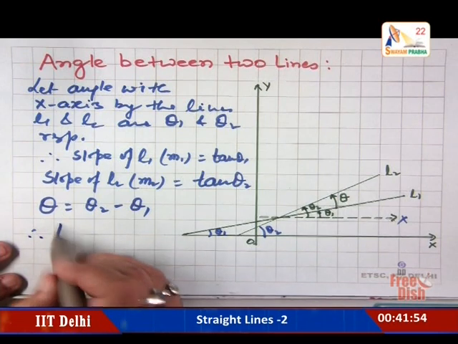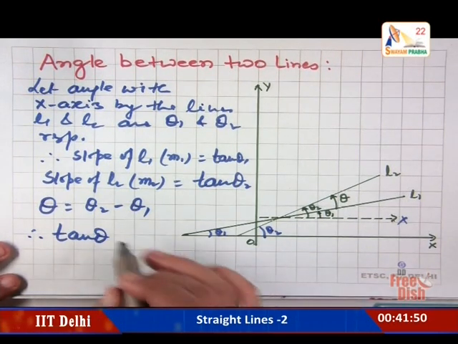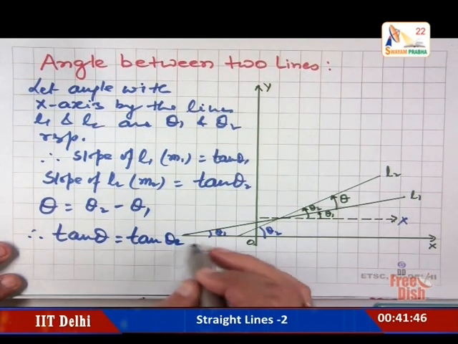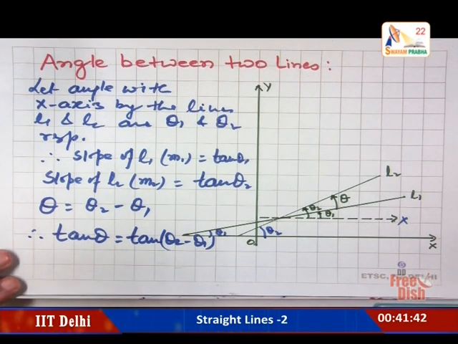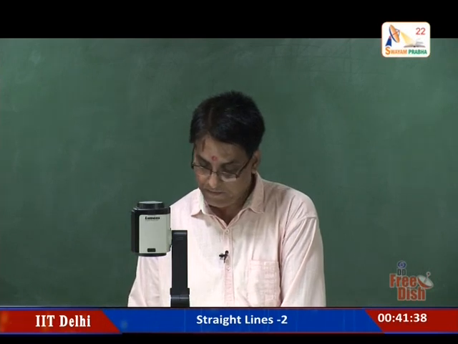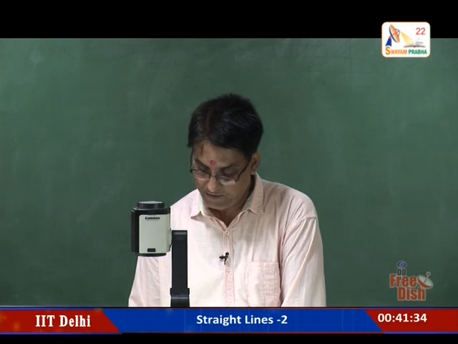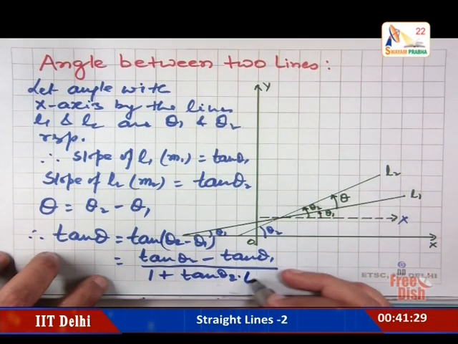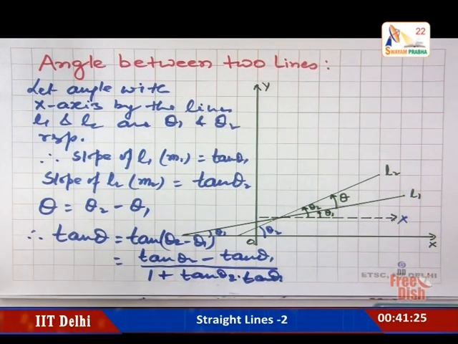So tan theta is equal to tan of (theta 2 minus theta 1). By trigonometry, this is tan theta 2 minus tan theta 1 by 1 plus tan theta 2 tan theta 1.